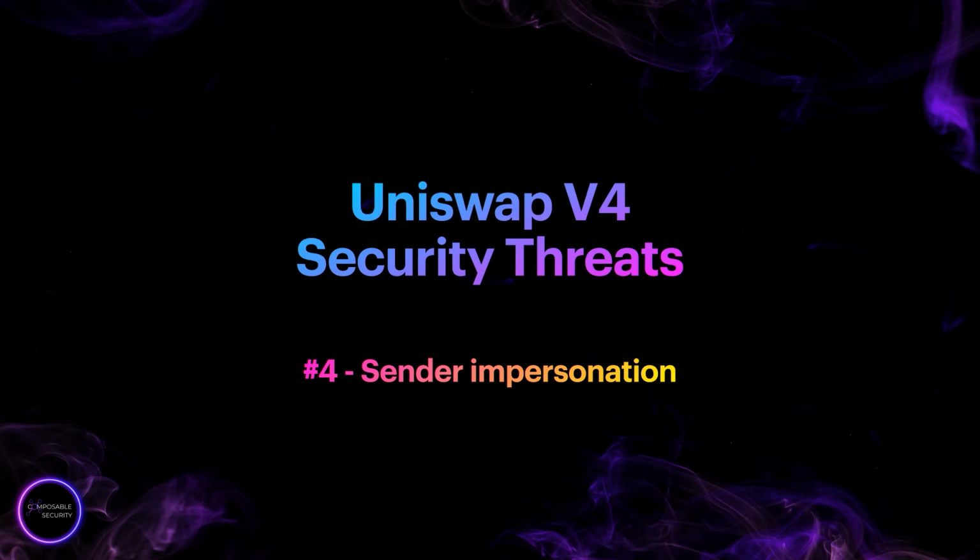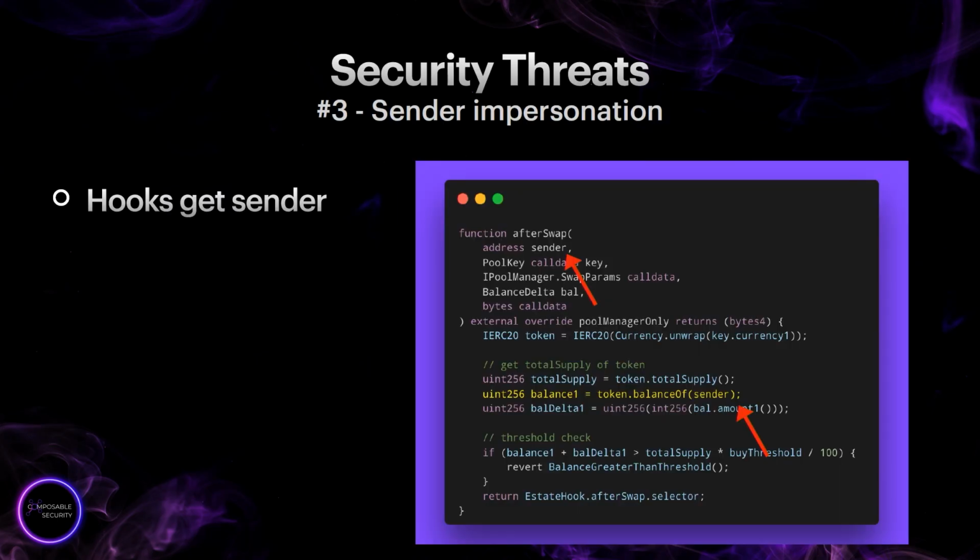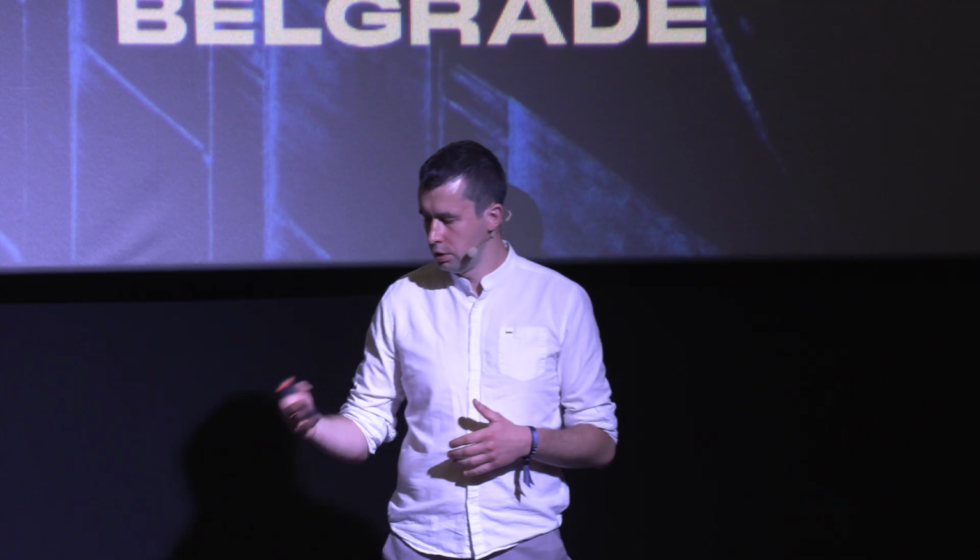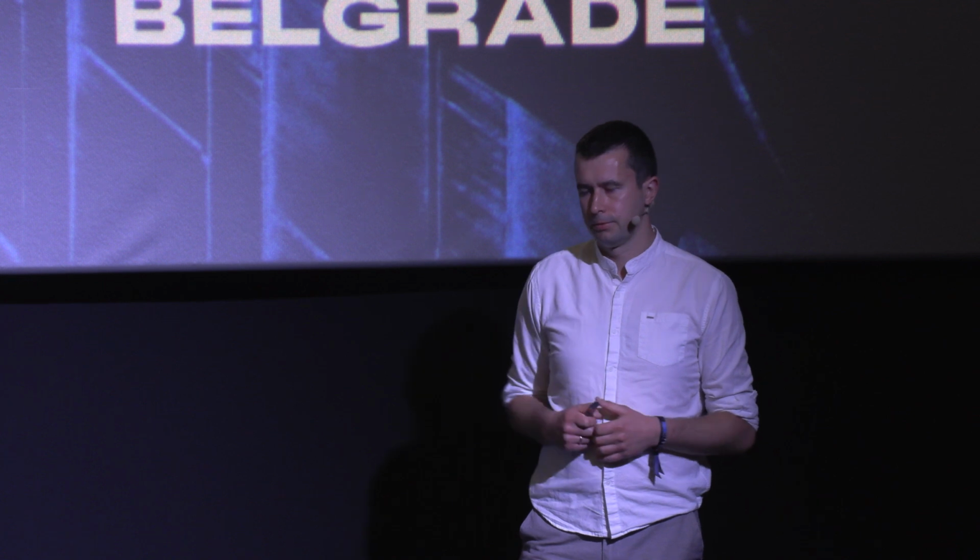The next one is sender impersonation, and I also have an example here from some hackathon. And here you can see there is a hook function, afterSwap. So when you finish the swap, the pool operator may call this function. And one of the parameters is the sender, right?